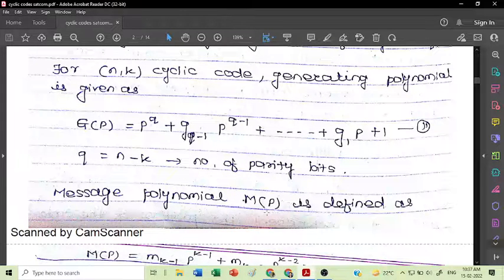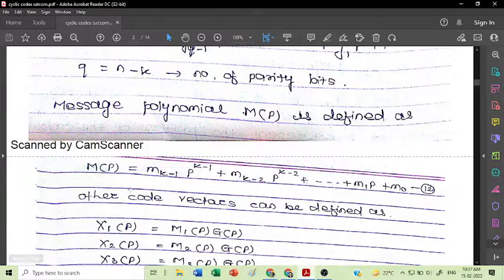Now how is the message polynomial m of p defined? It is m of p is equal to m k minus 1 p to the power k minus 1 plus m k minus 2 p to the power k minus 2 plus ... plus m1 p plus m naught.